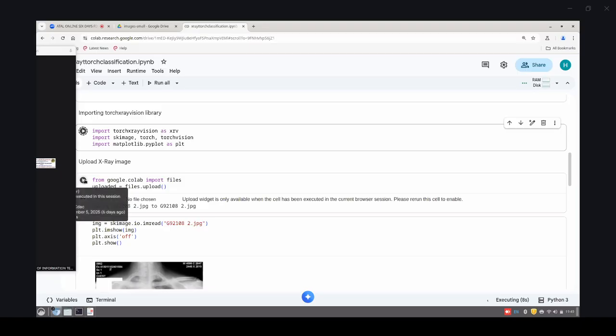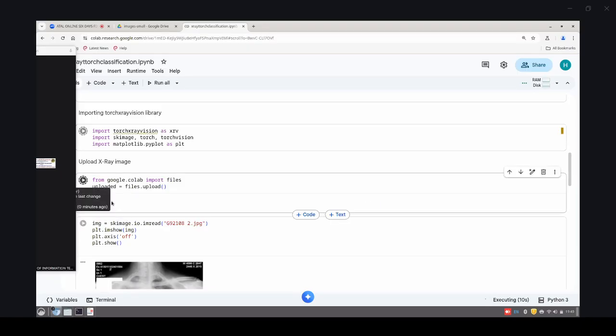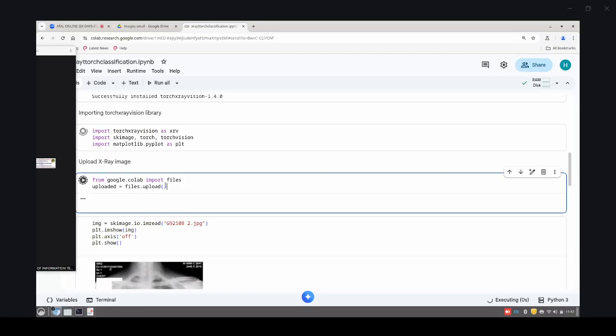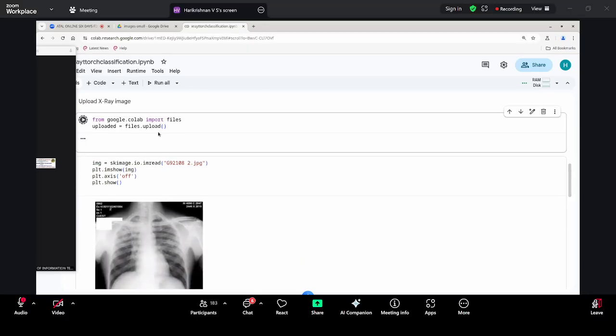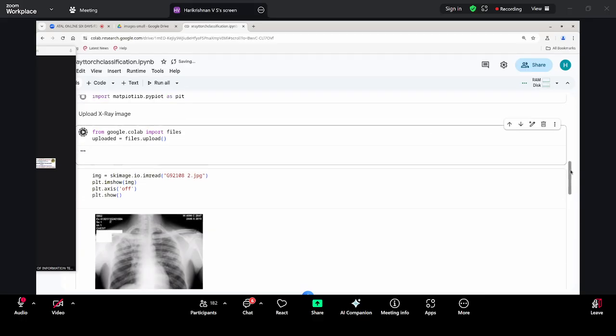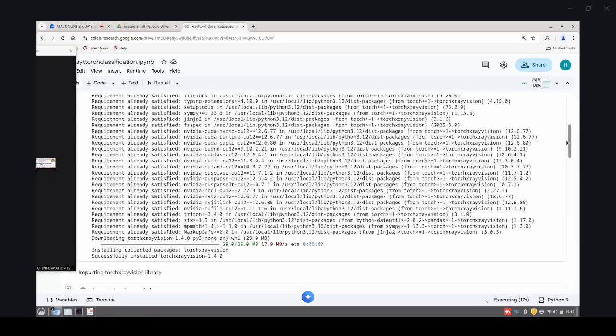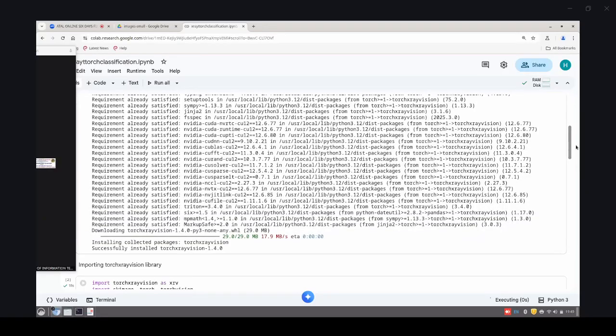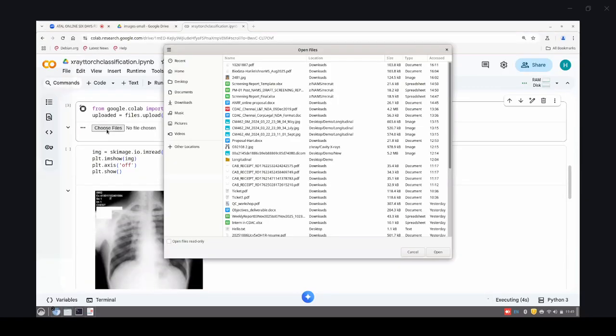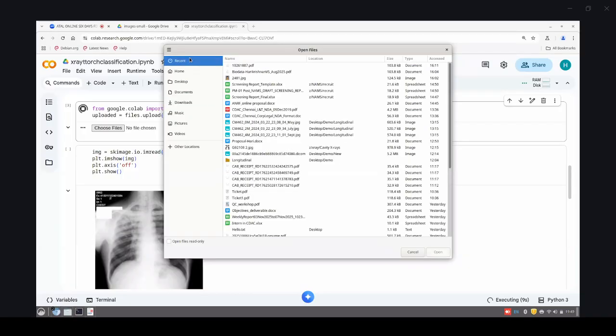And I can also import X-ray images. By using Google Colab's import files, I can actually import files from my desktop itself. There is a choose file option, and from my downloads, maybe recent.